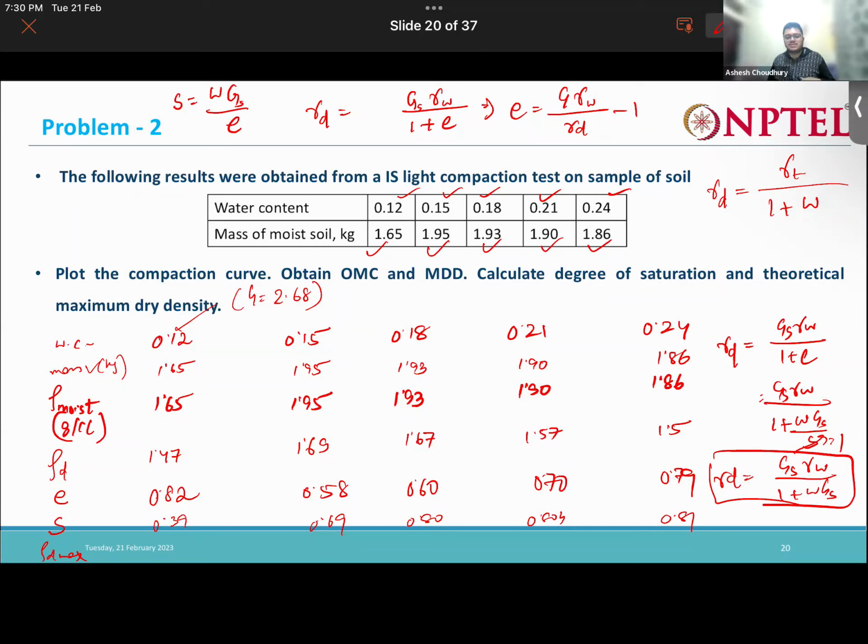Just put the values of G s, gamma W, 1 plus w and G s. G s is 2.68, right? 2.68 into 1 divided by 1 plus 0.12 into 2.68. It's 2.03. So similarly, you can get all other values.